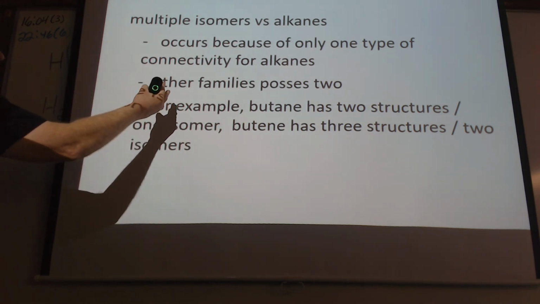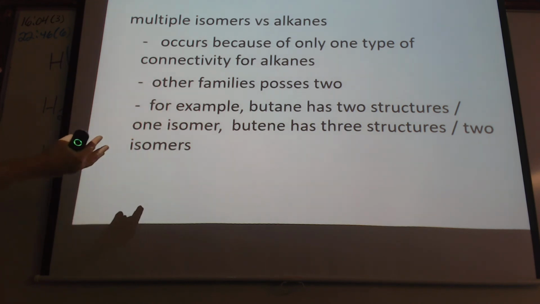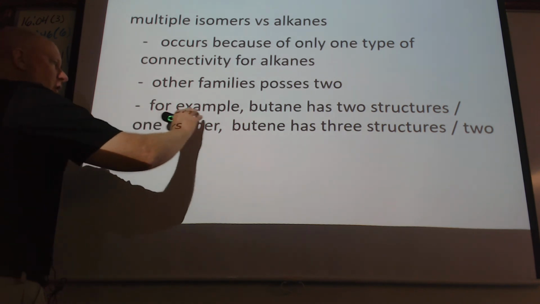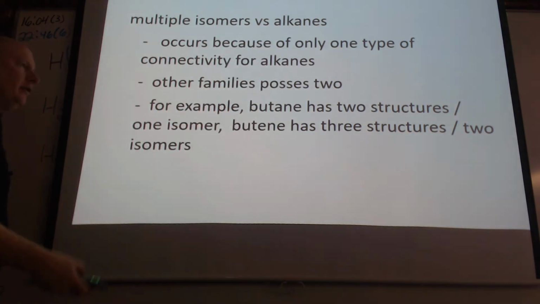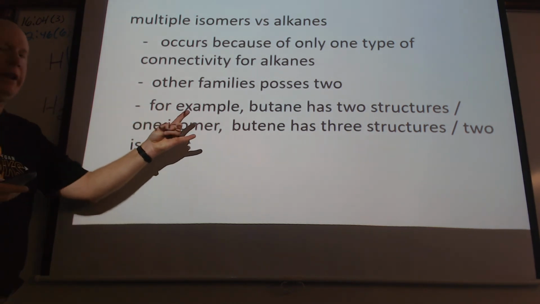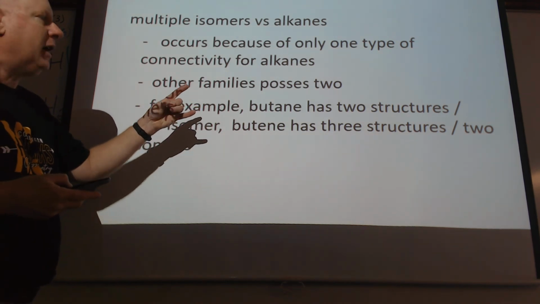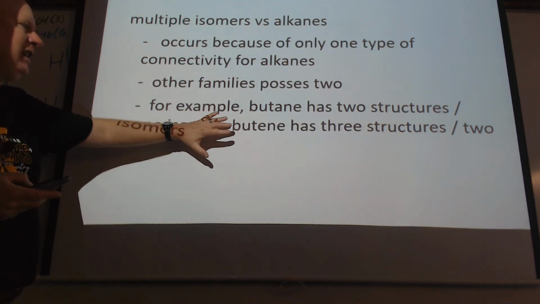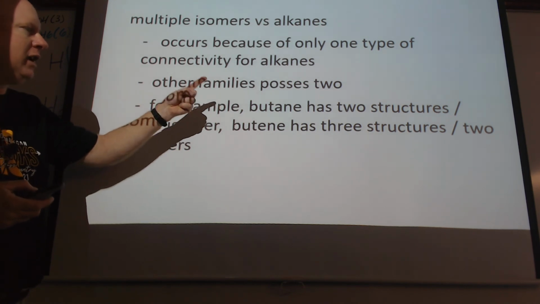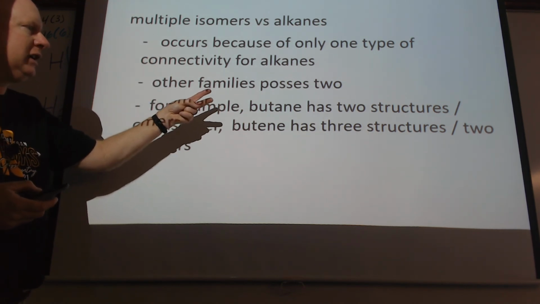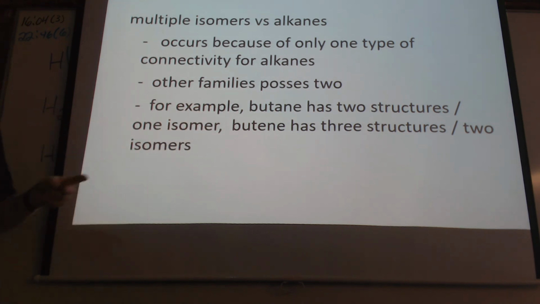Other families possess two. So when we're talking about butene instead, when you look at butane, we established it's C4H10. Then there's only 2-methylpropane. There's only 2 structures for that. But when you look at butene, you count that as 1. Then we said you can have 2-butene and then 2-methyl-propene.